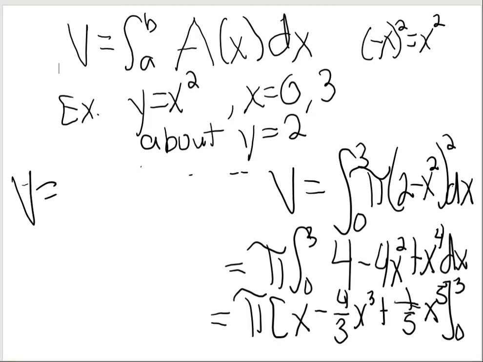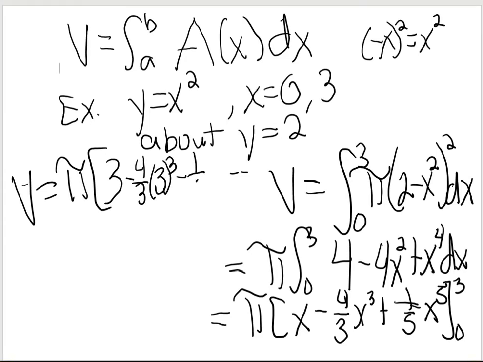And so the volume will be, well, you can put this in your calculator. And this will be pi times 3 minus 4/3 times 3 cubed minus 1/5 times 3 to the fifth minus 0, or pulling out the calculator to do some quick computations here.